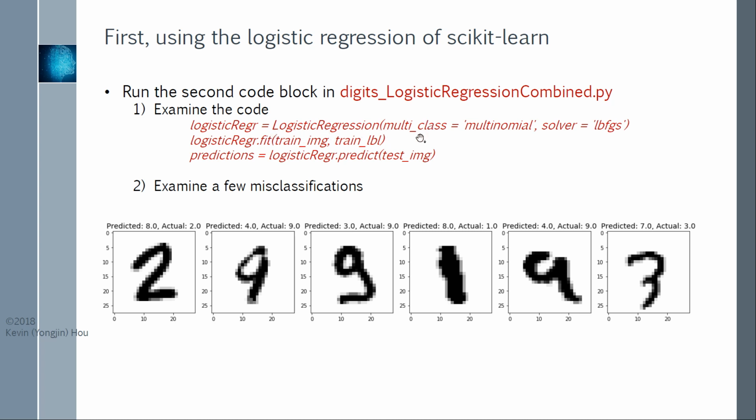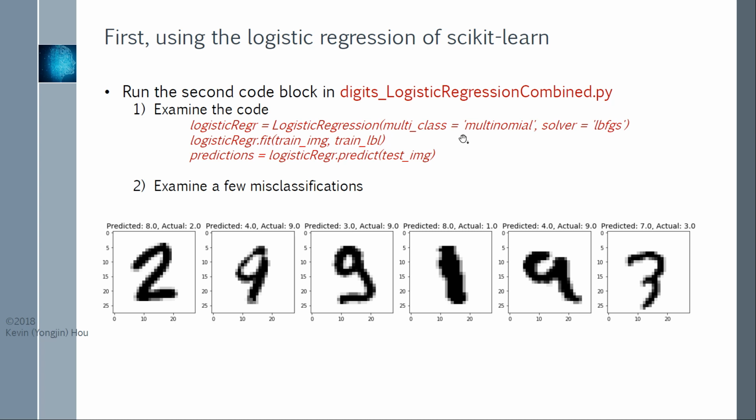To do that, we need to specify multi-class with a value of multinomial, and we pick a solver which will optimize the coefficients. We're choosing LBFGS as the solver. One thing worth mentioning is, again, this is a multi-class problem. As I mentioned in the previous session, when we have a multi-class logistic regression problem, we have 2 ways to deal with it.